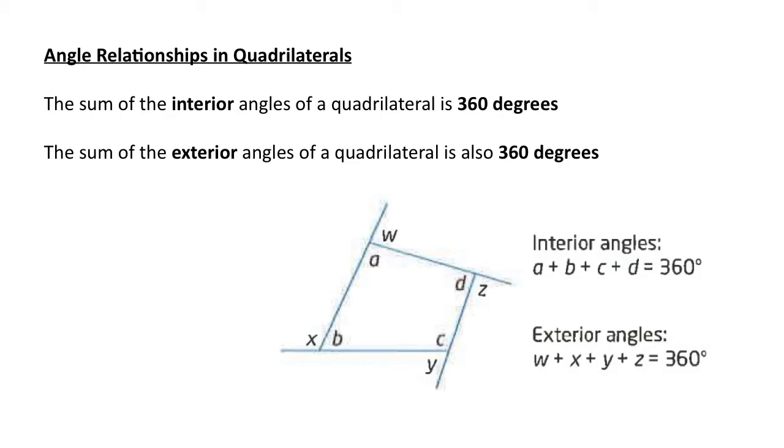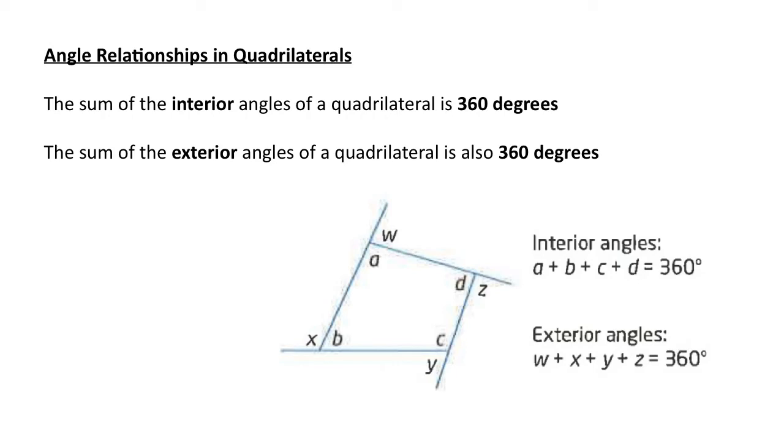For the exterior or outside angles on a quadrilateral, together they will also add up to 360 degrees. So going back to the diagram, the exterior angles are marked with the letters W, X, Y, and Z. And if I were to add up all four of these exterior angles together, they would also add up to 360 degrees.